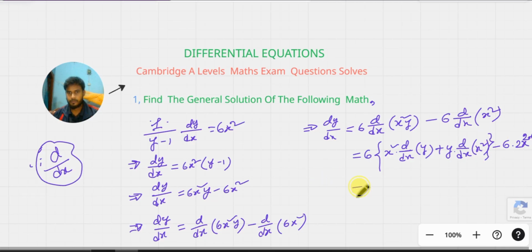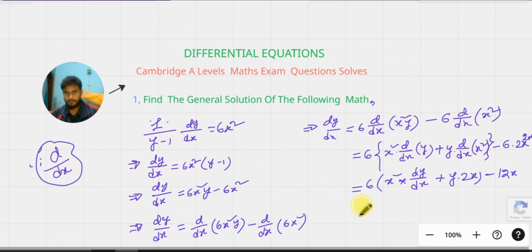So what we will get: x² into, here you can see there is a y, so we will get simply dy/dx, and here we will get y into 2x, like the x^n formula, and here we will get 12, 6 times 2, that means 12x.